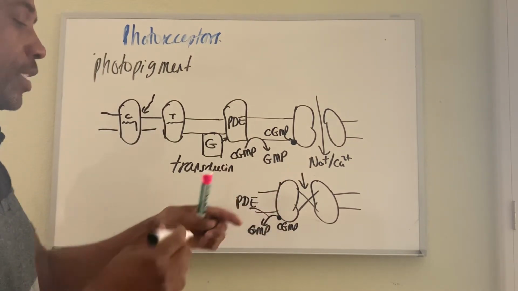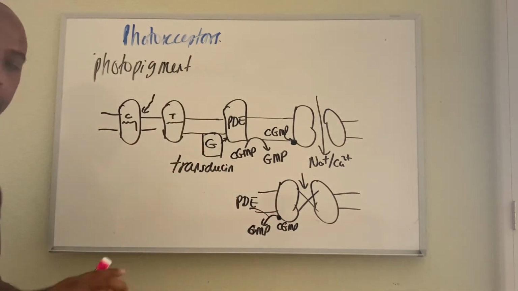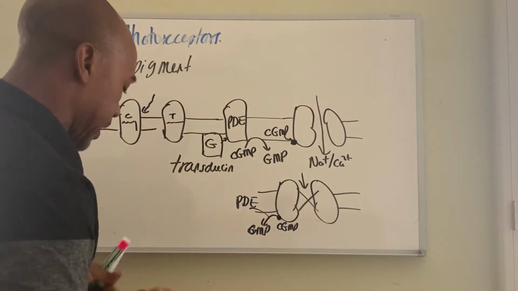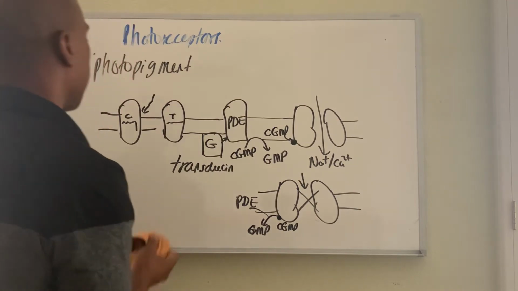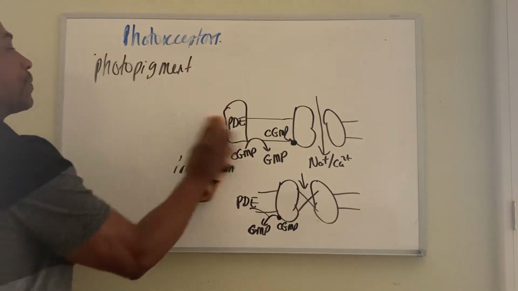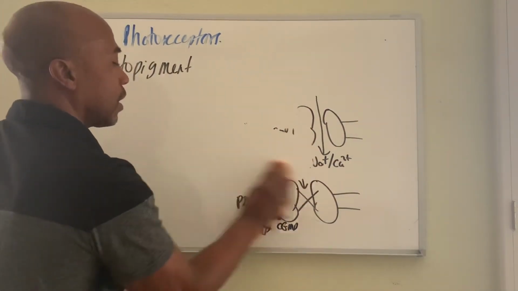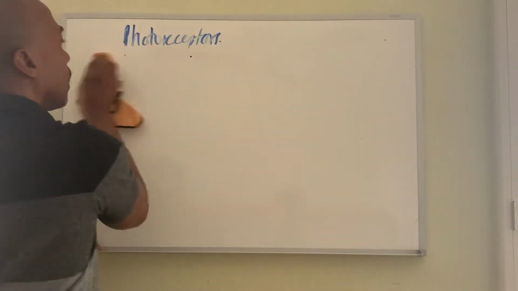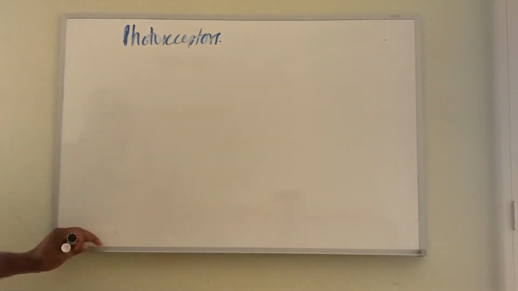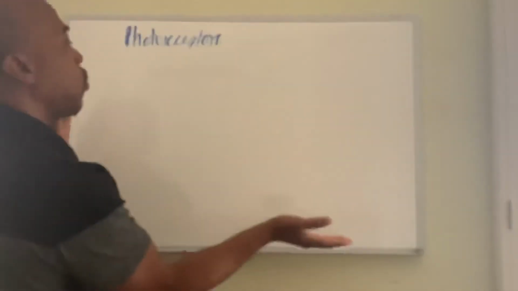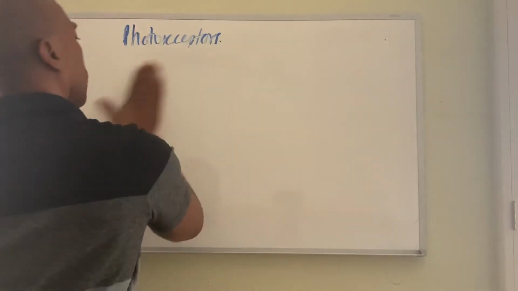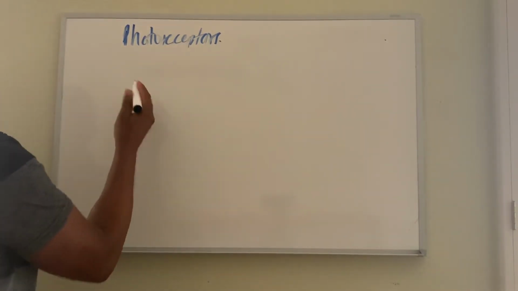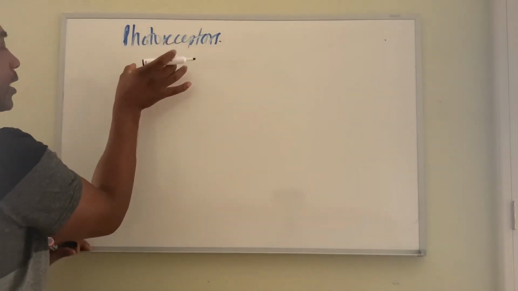And that has consequences. So let's show you what the consequences are. In the retina, you have three cellular connections.